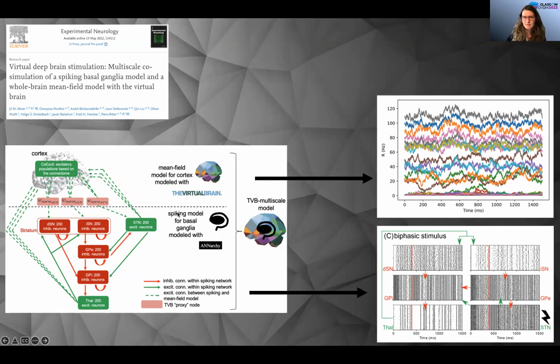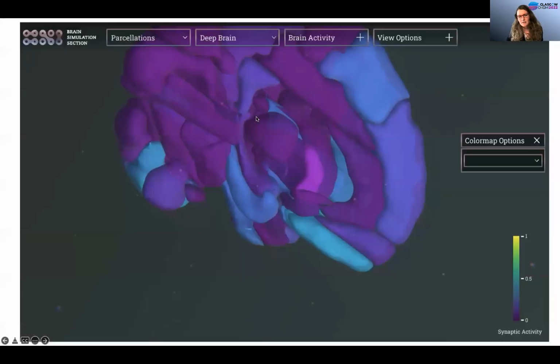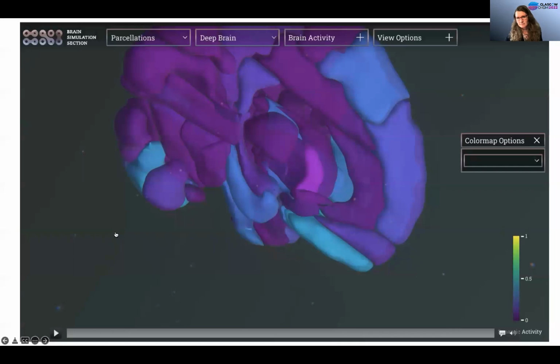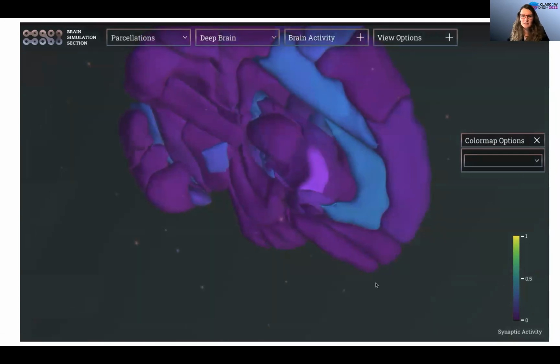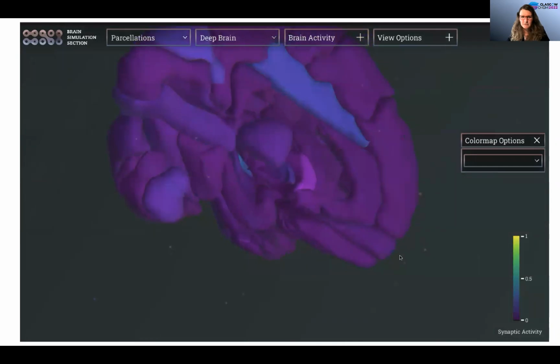The paper about this was just accepted in Experimental Neurology, where we showed that using this model, and using deep brain stimulation inside the model, it will actually look like this. This is from a Parkinson's disease patient, his resting state brain activity.